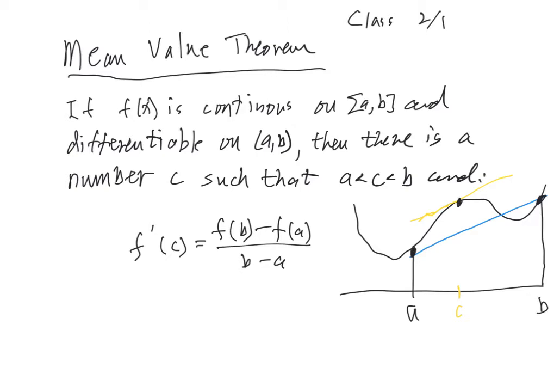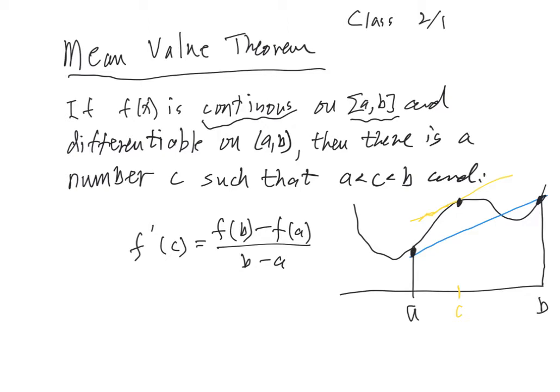It says something that's real sort of common sense. And I've drawn a picture hopefully to illustrate that. It has some conditions to be met. The first one is that we need a function to be continuous on a closed interval. Both of those things are essential for us to be able to guarantee the theorem's result. And the third thing we need is the function needs to be differentiable.